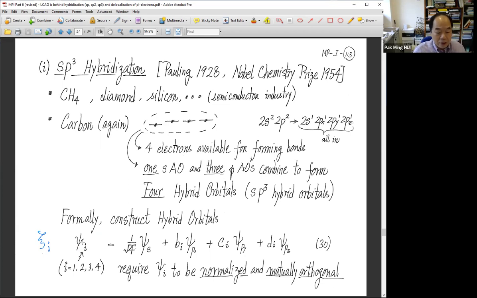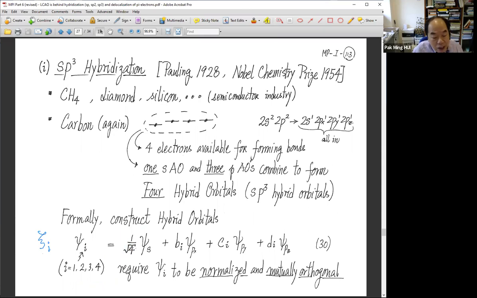I also know that this s must be shared among these 4 hybridized orbitals, and it will not bias any one of them. So there will be 25% s character in each one of them, probability-wise. So the probability amplitude before squaring it will be 1 over square root 4. It is a half.